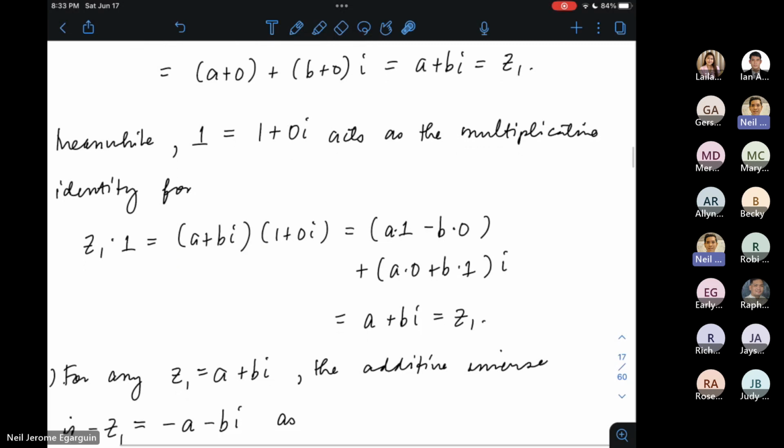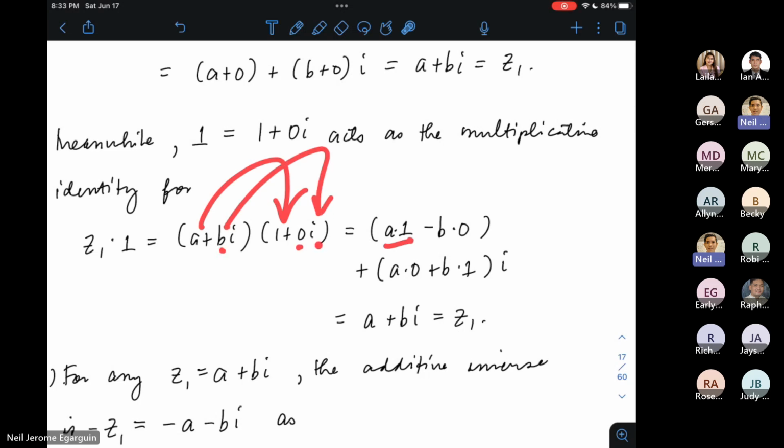Pwede ako mag-FOIL method actually. a times 1, you get that? b times 0 times i, so that's just going to be b times 0, pero may negative sign, so that's how you get negative b times 0. And then bi times 1, so you get b times 1 times i. And then here you get b times 0 times i squared. A times 0 times i, you get that guy.